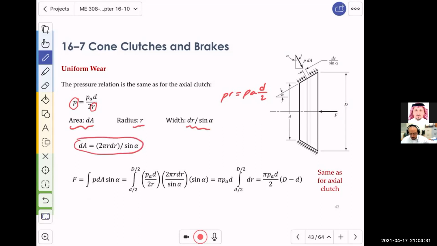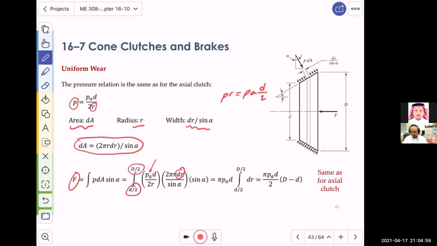Now, to get the force, because the force is the pressure times the area, you put in the pressure, assuming it reaches the maximum pressure PA, and integrate with respect to dr from the inner radius all the way to the maximum radius.